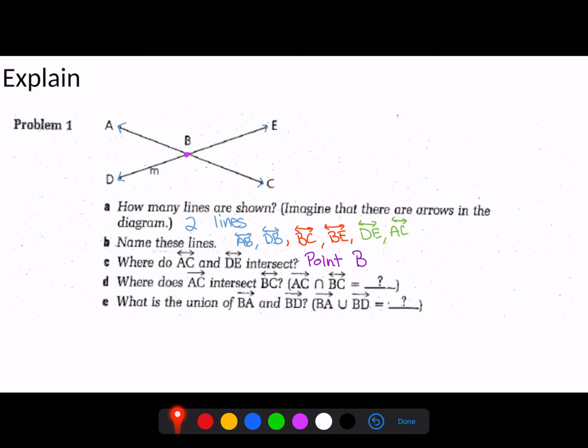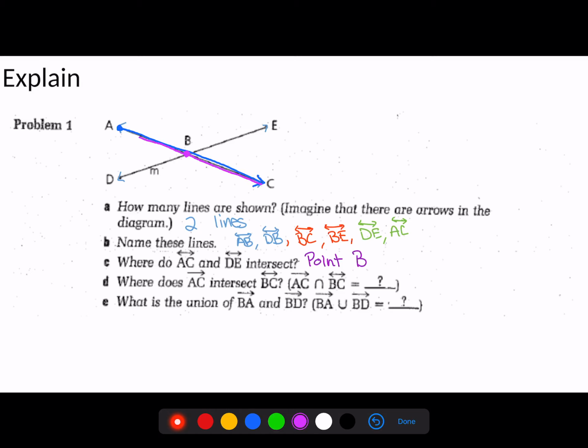Next up, where does ray AC, so if I look at ray AC, it starts at A, goes towards C in an infinite direction, and line BC, where do they intersect? So again, if we're thinking about intersections, we're thinking about where they cross or overlap. So I'm going from A to C, so for these I like to draw on it.